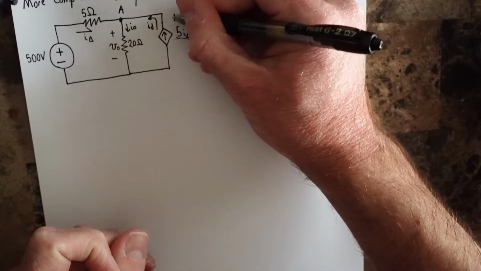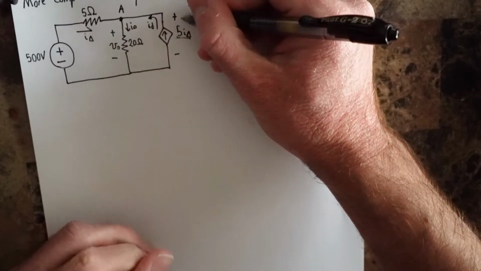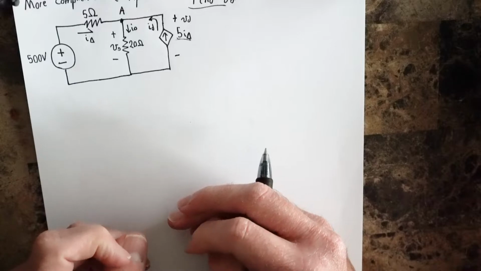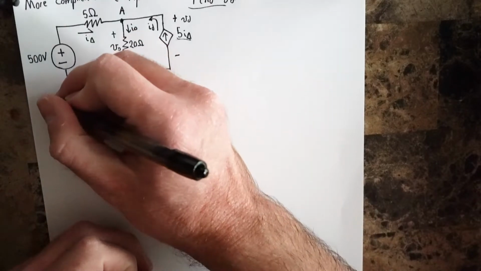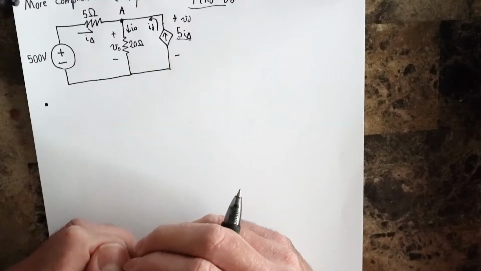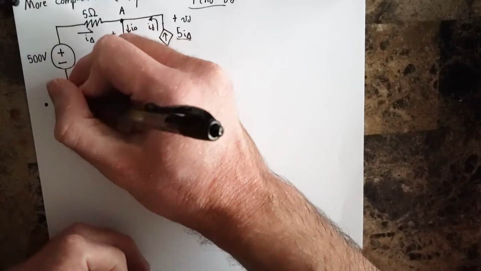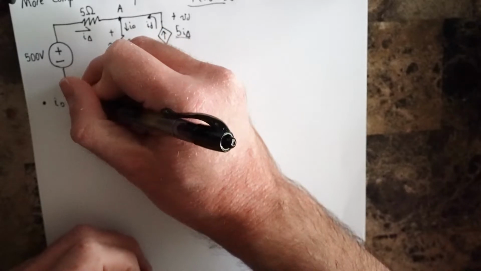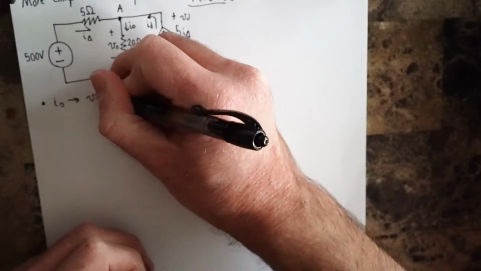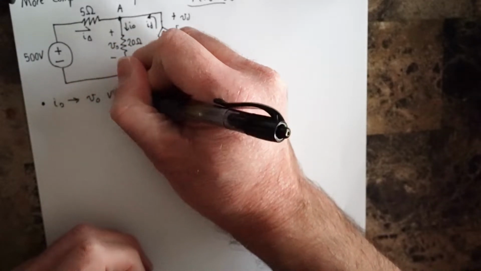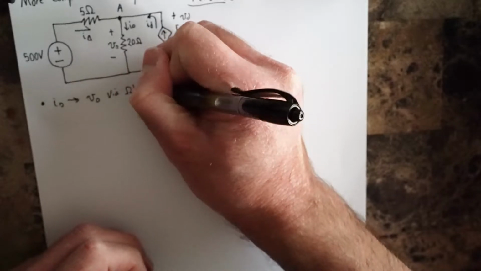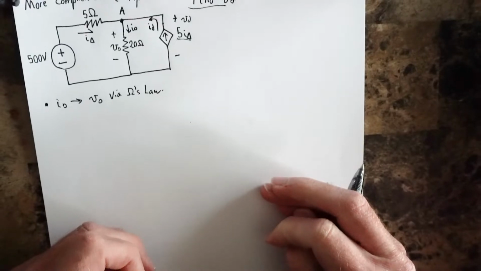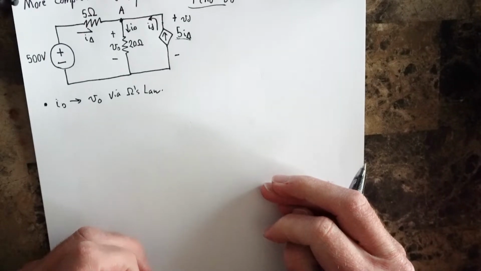We'll see that this will be trivial in a second, but I still like to label it. A couple of things to keep in mind: once we know I0, we can get V0 via Ohm's law. So that's going to prove useful here.